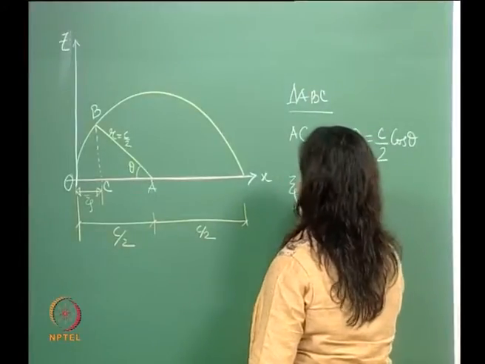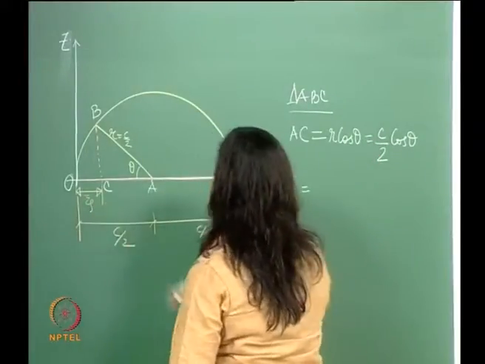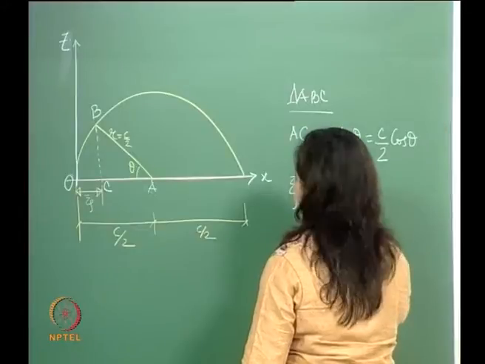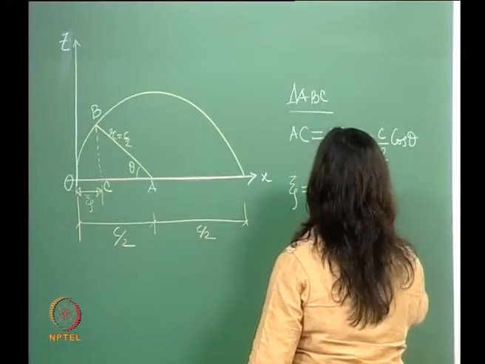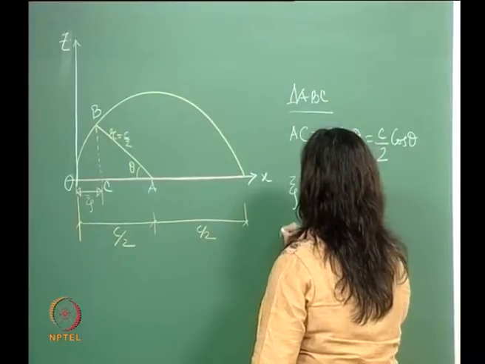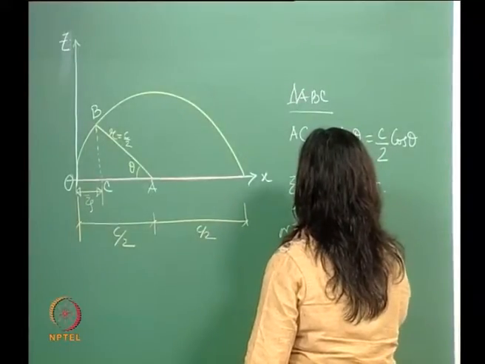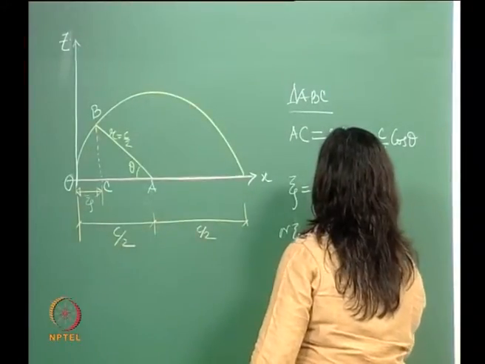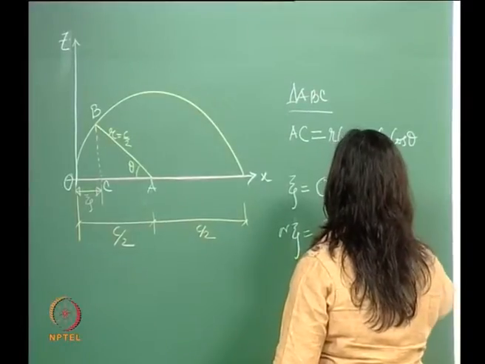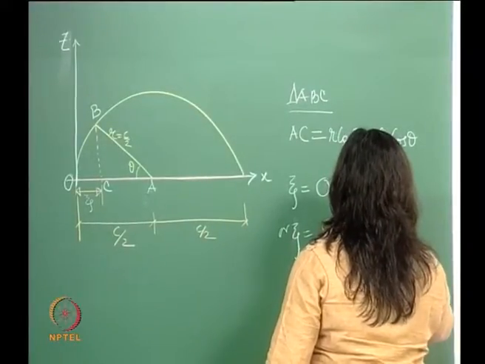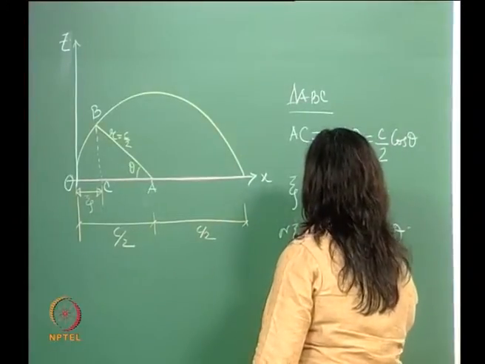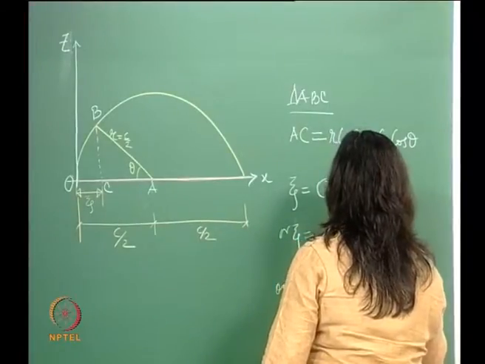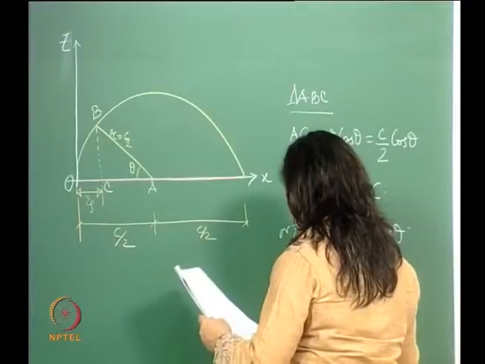Therefore z, which is essentially OC, is OA minus AC. OA here is another radial line, so that is c by 2, minus AC, which is c by 2 cos theta, or z is equal to c by 2 times (1 minus cos theta).